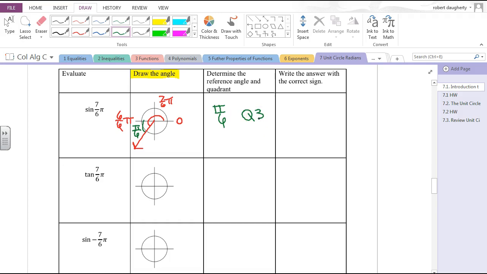I'm looking for sine. So sine corresponds to what value? Y. What's the y value at pi over 6? 1/2. The y value at pi over 6 is 1/2. I'm in quadrant 3. Is it positive or negative? Negative. It is negative, okay?